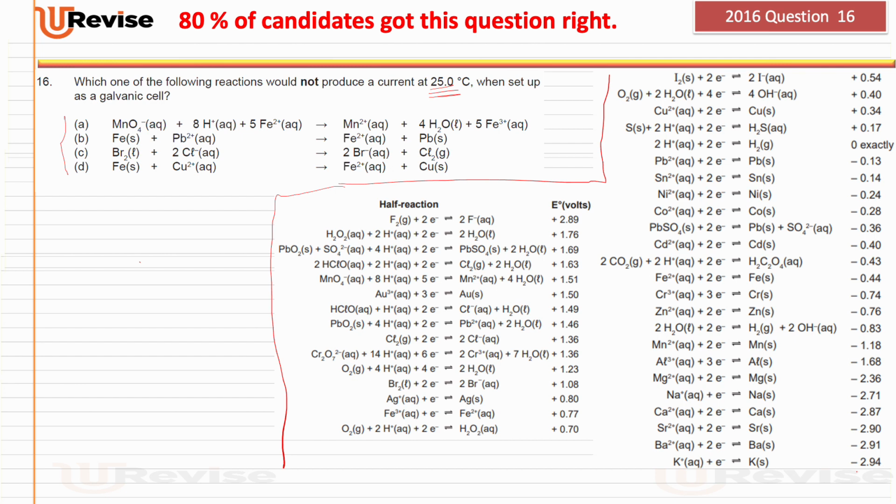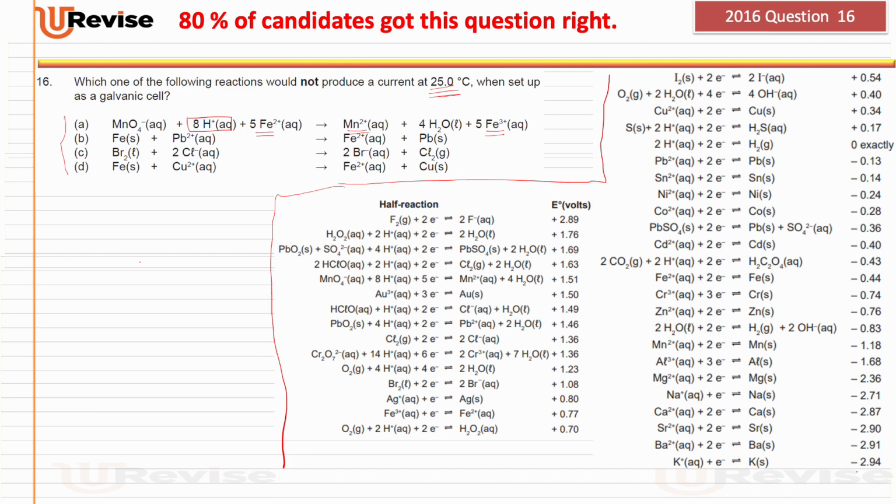Now, let's take a look at what we have here. The first equation, we've got permanganate ions interacting with iron 2, producing manganese ions and iron 3. Some of you will be wondering, why is it that I'm ignoring hydrogen?